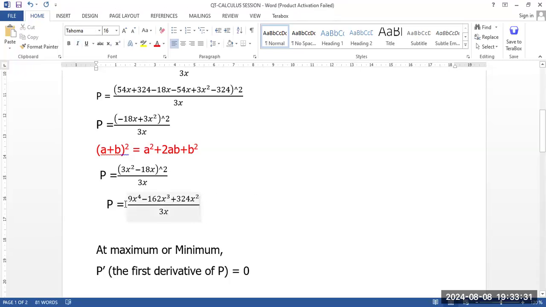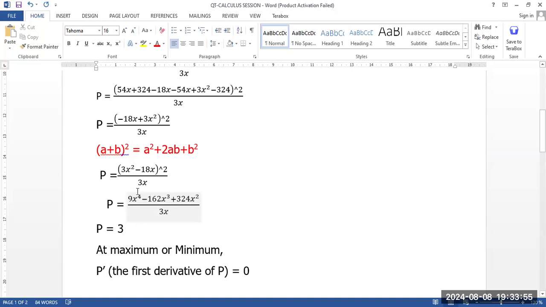But colleagues, at this point, you can go ahead and reduce your figures. Since 9 is divisible by 3, our P actually can be, if you get 9 divided by 3, what do you get? You get 3. Then x power 4 divided by x, what do you get, colleagues?